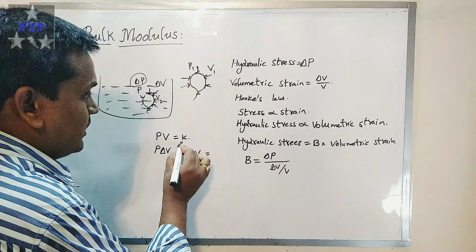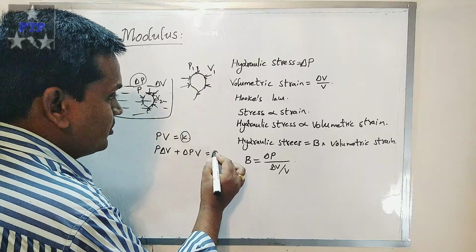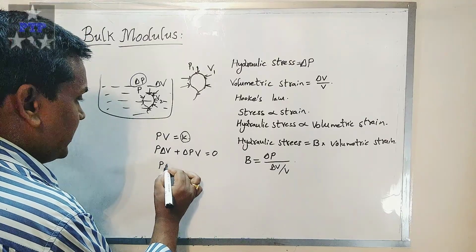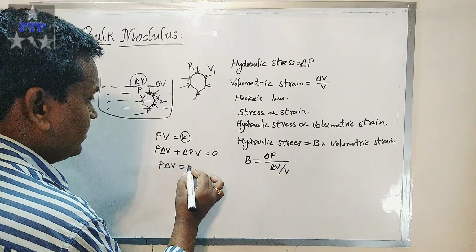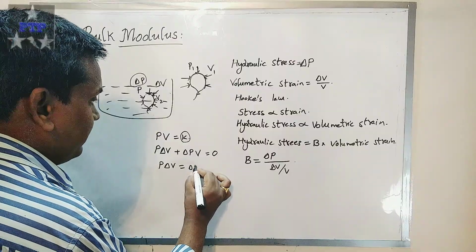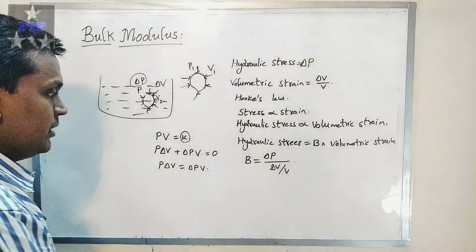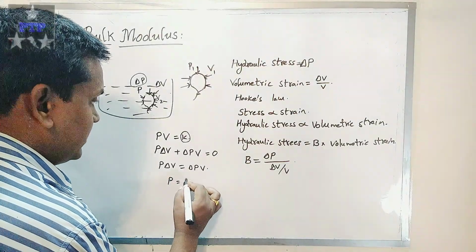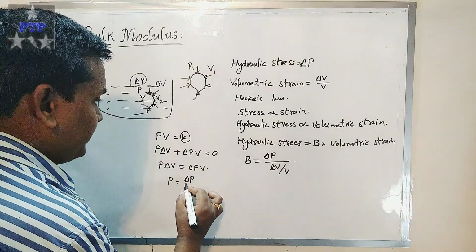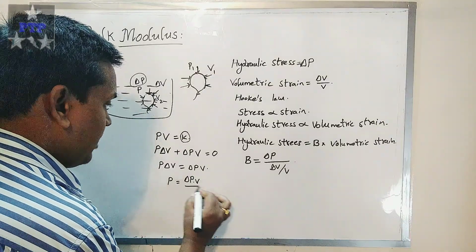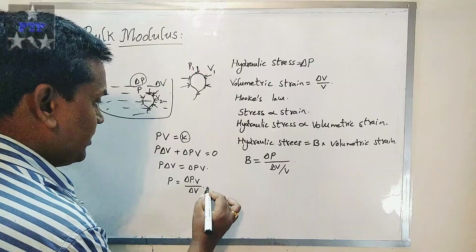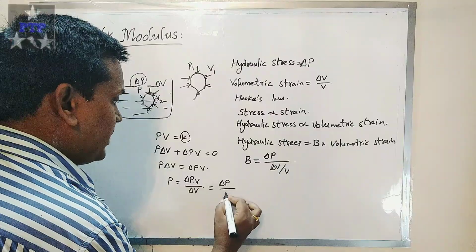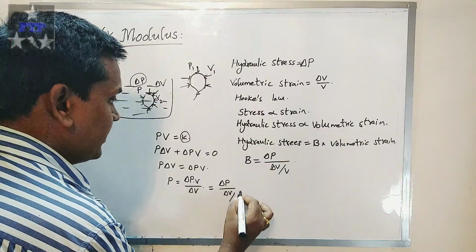That is equal to the differentiation of the constant K, which is 0. Now we can write P delta V equals minus delta P V, or this can be written as pressure P equals delta P times V upon delta V, or delta P by delta V upon V.